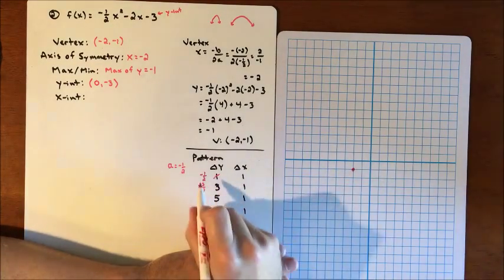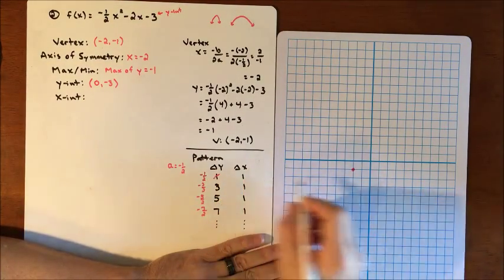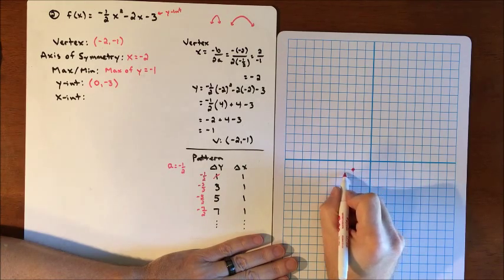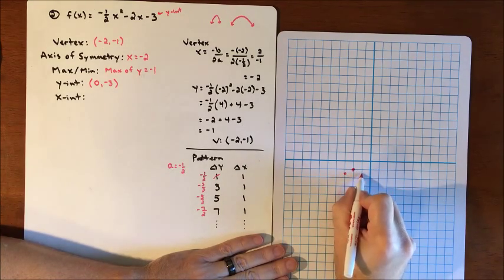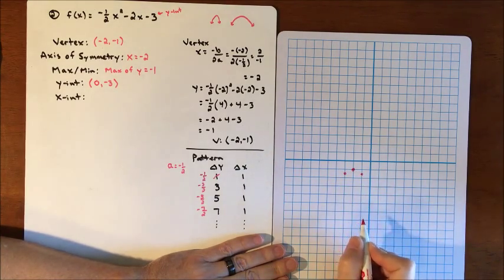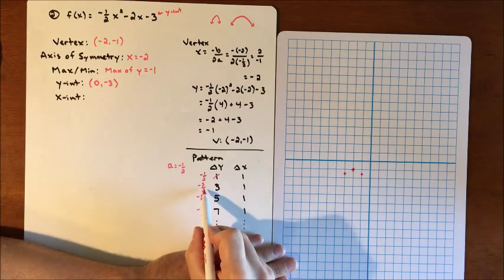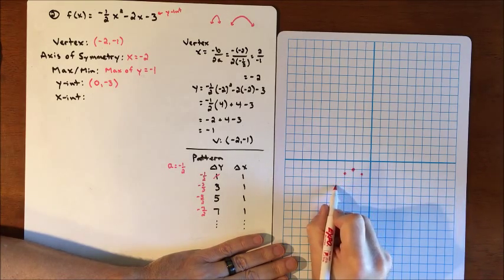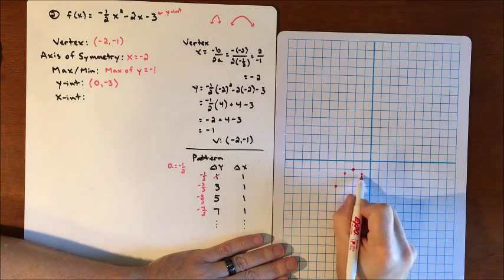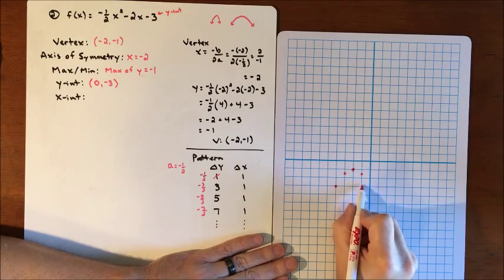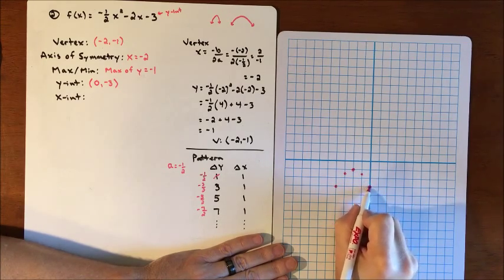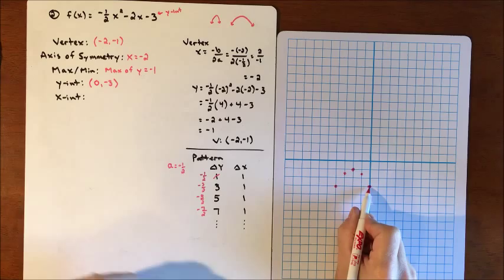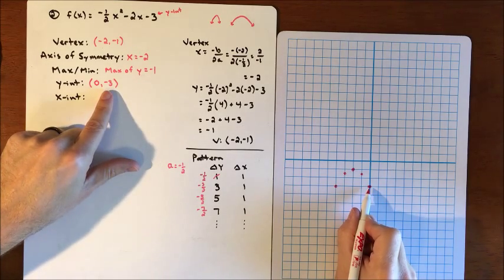So from our vertex, we are down 1/2 over 1. And it's symmetrical, so we'll have it in both directions. Then we're down 3/2, which is really down 1.5 over 1, and it's symmetrical, so down 1.5 over 1. Now this is also telling me we're heading in the right direction because it's matching our y-intercept. So that's good.